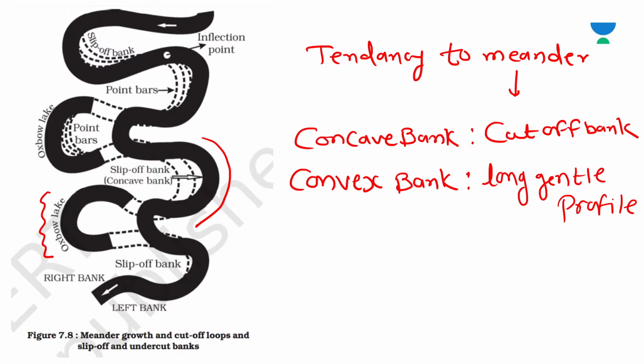See, the meander growth and cutoff loops and slip-off slopes, and there are undercut banks. So this is all about the meanders.